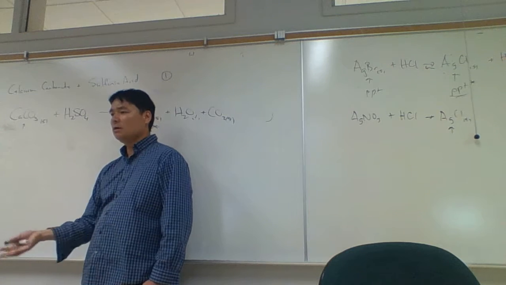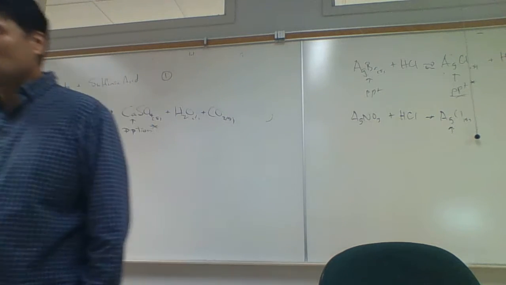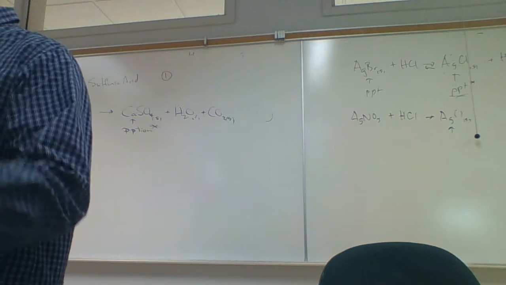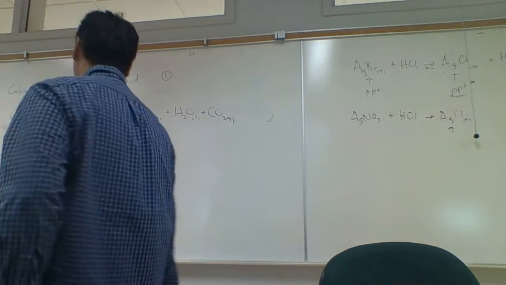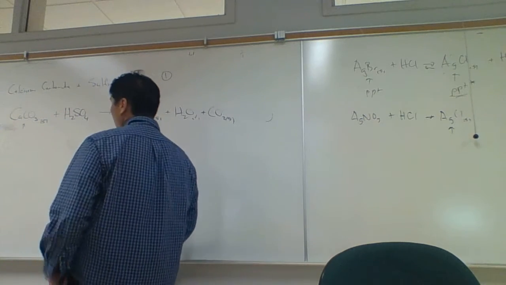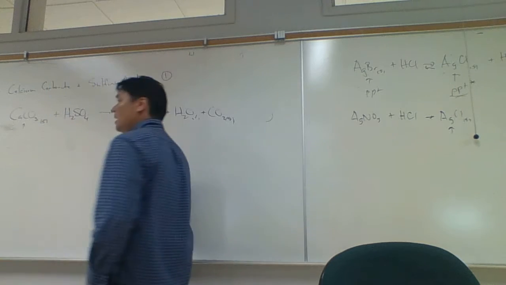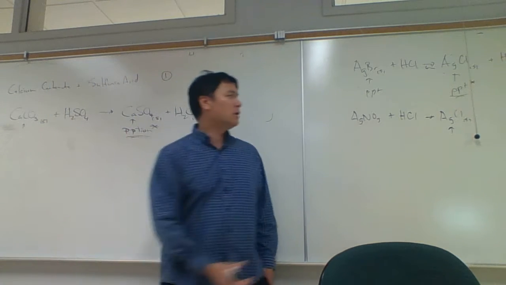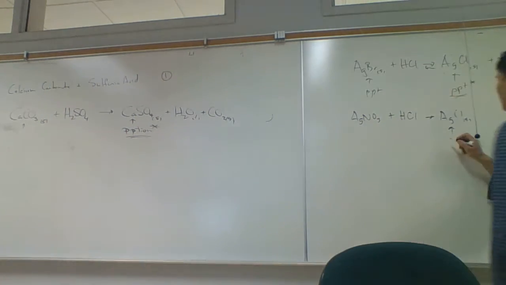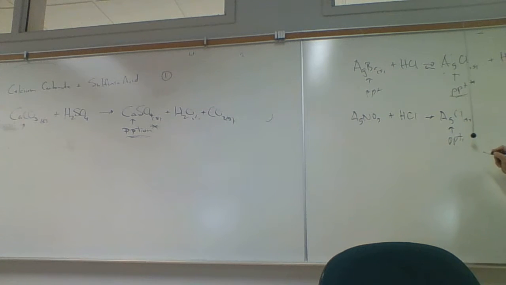So we could do this either using descriptive chemistry, or we can try to do it theoretically, looking at the lattice and how it packs together and lattice energies and that kind of stuff. But in this case, you can't automatically say precipitation. Here, you can automatically say precipitation. No problem with that. And so this is the difference.